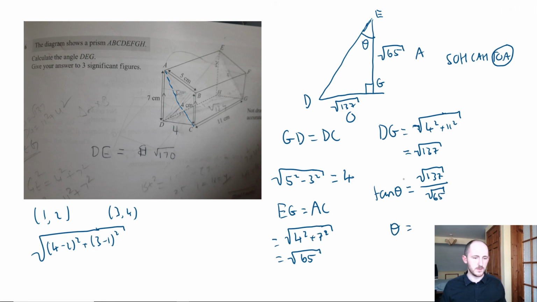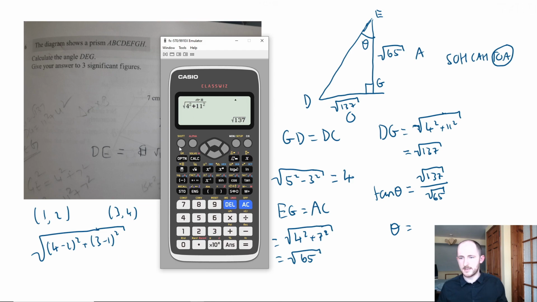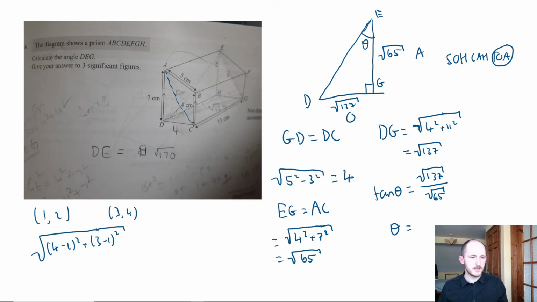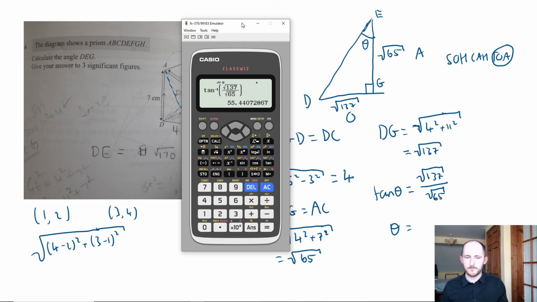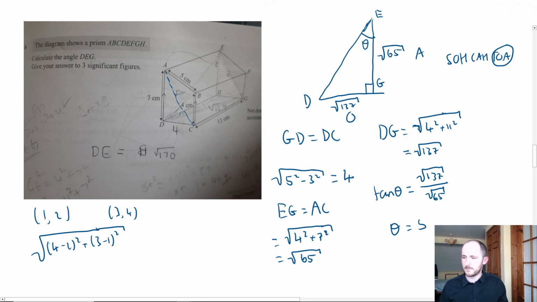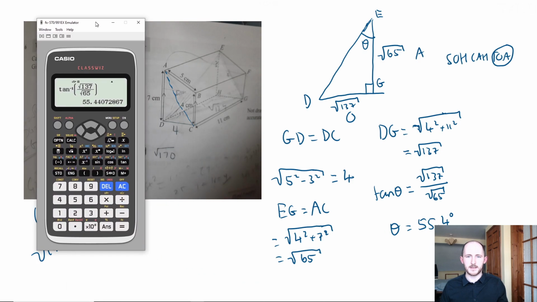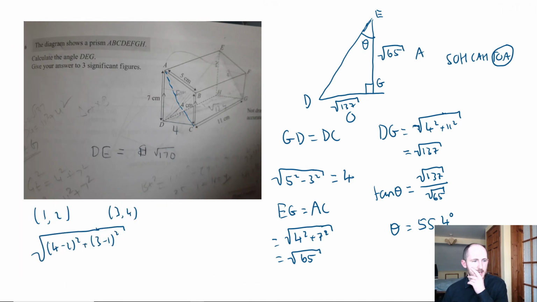So theta is equal to inverse tan of root 137 over root 65. To 3SF that is 55.4 degrees. I hope that makes sense. Any questions about that?